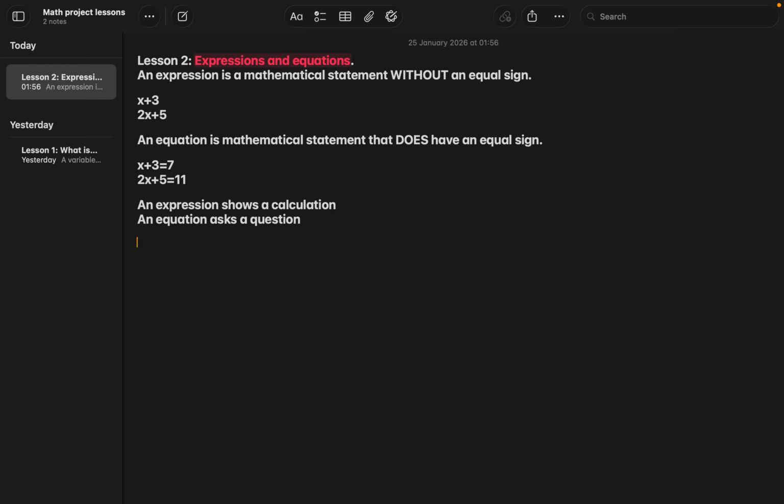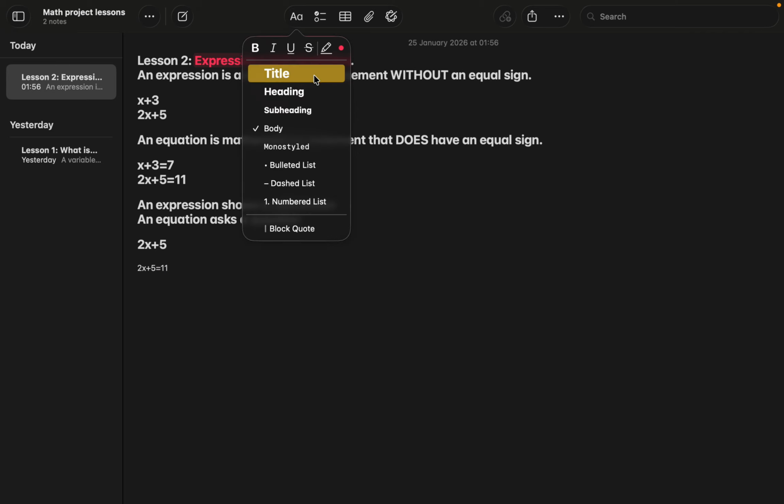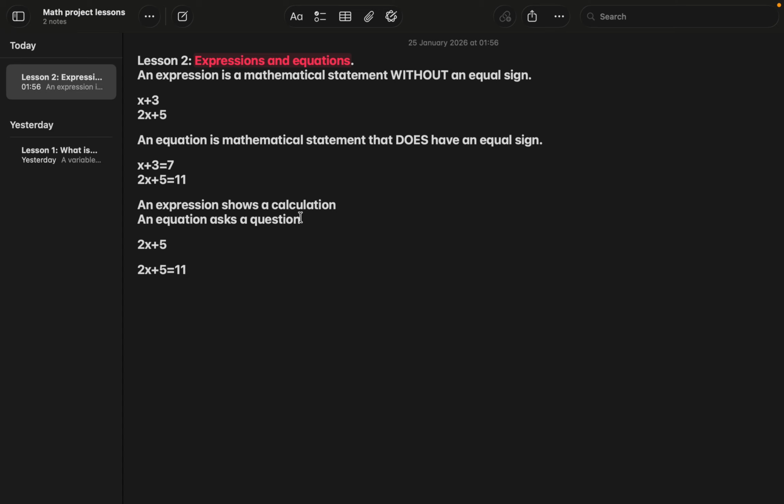So let's compare them side by side. Let's say 2x plus 5. As you said, this is an expression. So let's write down an equation of this: 2x plus 5 equals 11. So the only difference is the equal sign, but that difference is very important.